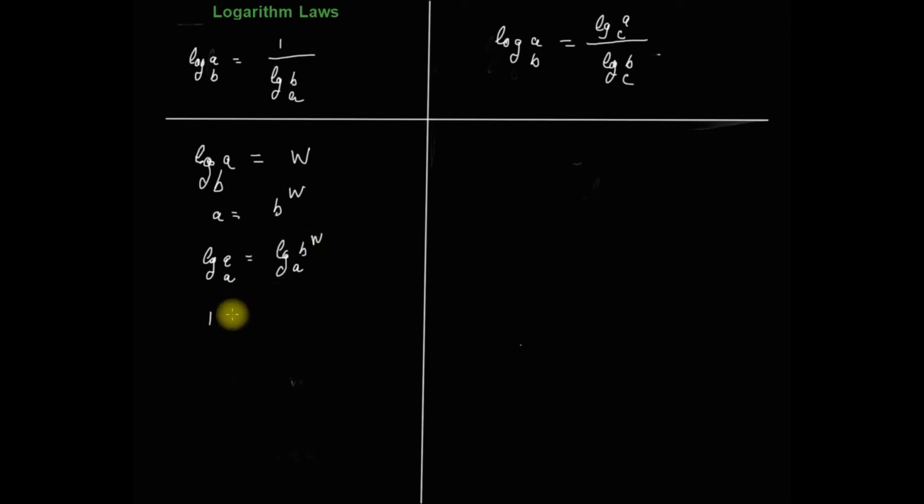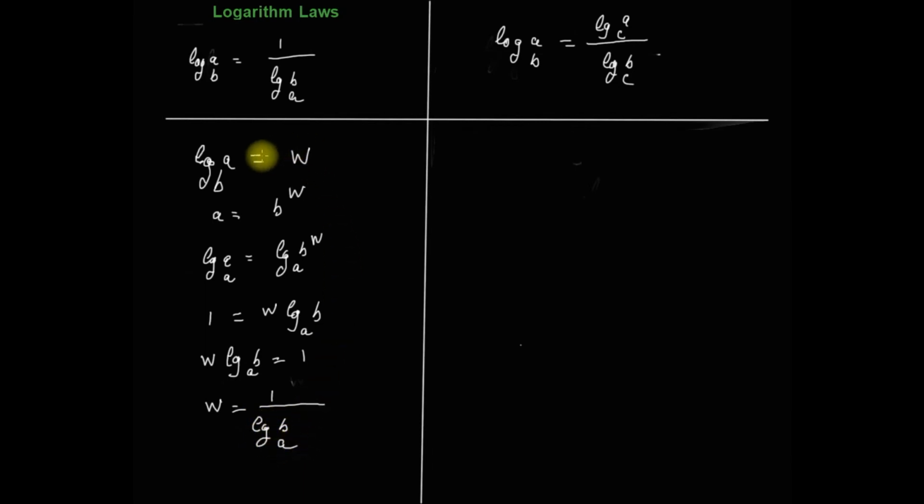And the right hand side, if I use the power law that I have proven in an earlier video, will be w times log base a of b. If I switch this over, I'll have w log base a of b is equal to 1. From here, I can write w is equal to 1 over log base a of b.